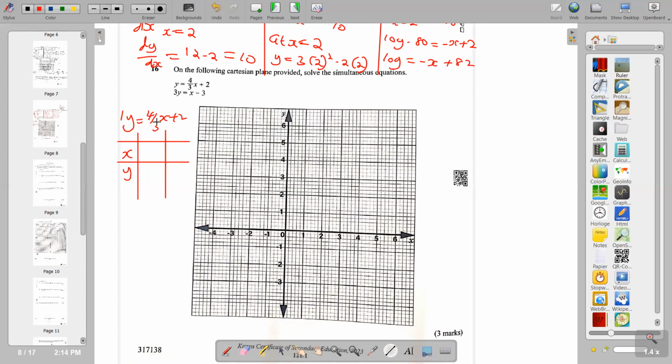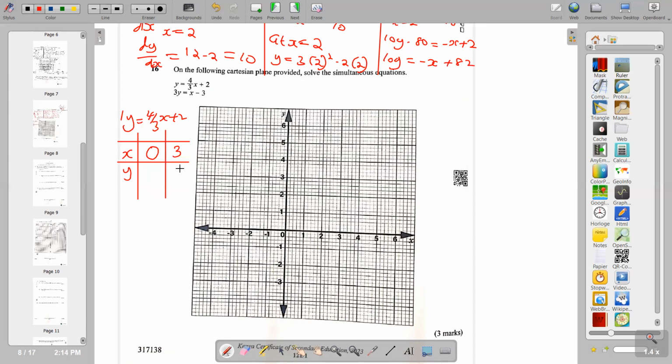And because you need 2 points, maybe you can have when x is equal to 0 and when x is equal to 6, when x is equal to negative 3, negative 6, provided the value of x that you're going to choose is divisible by 3, then it will be easier for you.